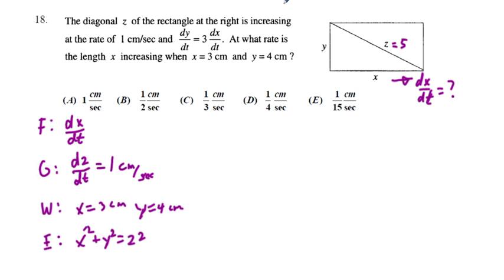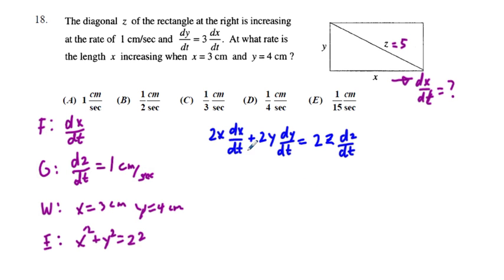Now we're going to take the derivative implicitly of x squared plus y squared equals z squared. So that's going to be 2x dx/dt plus 2y dy/dt equals 2z dz/dt. And what are we given? Well, we're given a lot, aren't we?